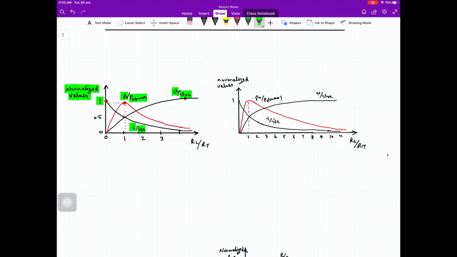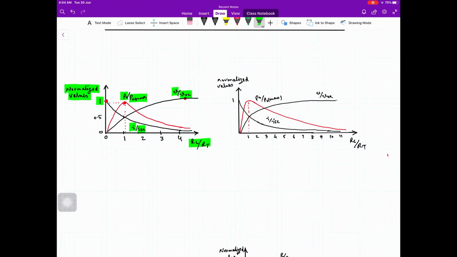Similarly, the maximum value of I divided by its maximum value is 1. This is the normalized way to show curves. Now, on the horizontal axis, instead of RL, we use RL divided by RT. This is the preferred method to visualize things in a better way.